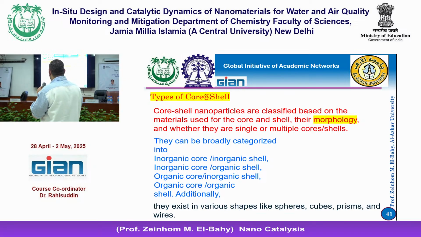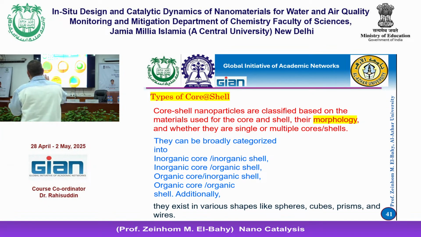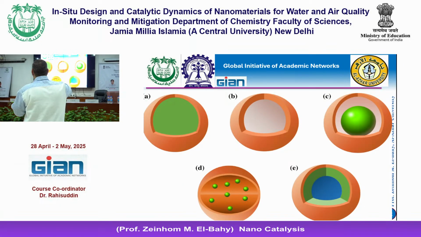Additionally, core shells exist in various shapes like spheres, cubes, and prisms, and these are not the only shapes. The first one is a core with a shell. The second one is a shell without a core.